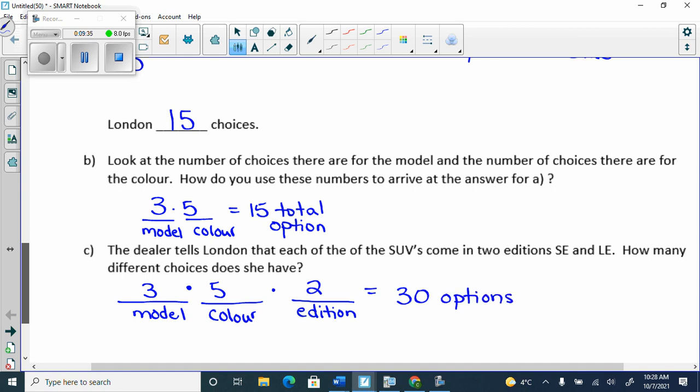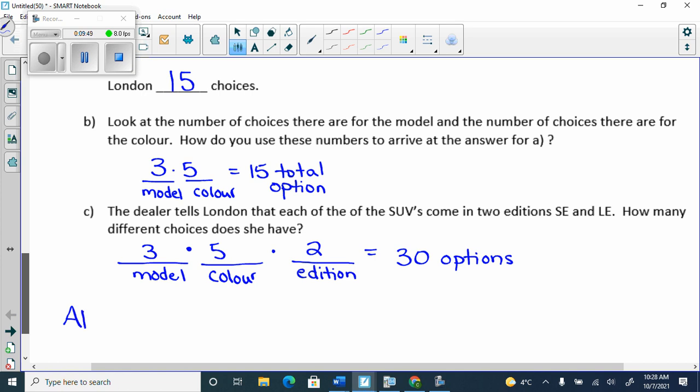And we can do this because when I go to this dealership, I have to pick a model, I have to pick a color, and I have to pick an edition. And when you use the word "and" in between, you multiply. We're going to write that as a little reminder for ourselves. If we use the word "and," we are going to multiply.